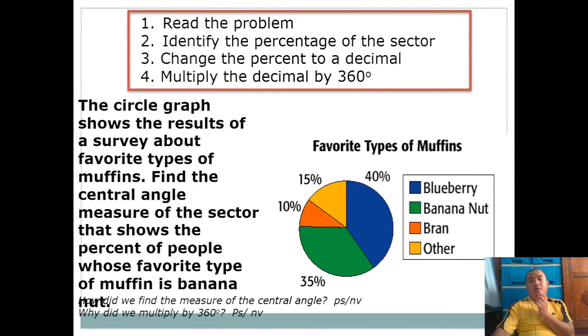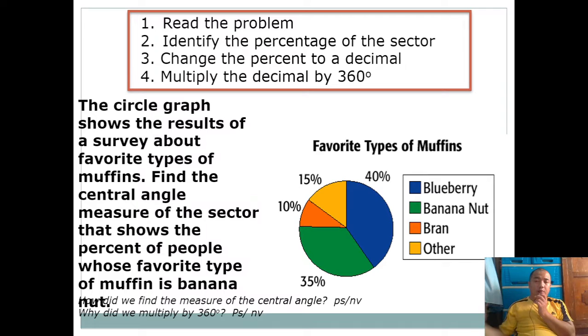Okay, it's up to you now. This is a brand, 10%. So 0.1 times 360, it's 36 degrees. For the other brands, 15%, that is 0.15 times 360, 54 degrees.